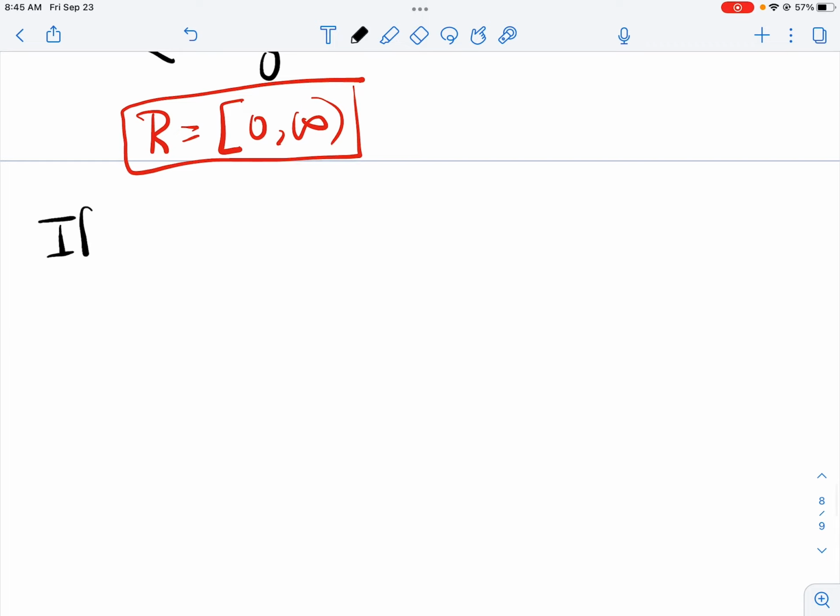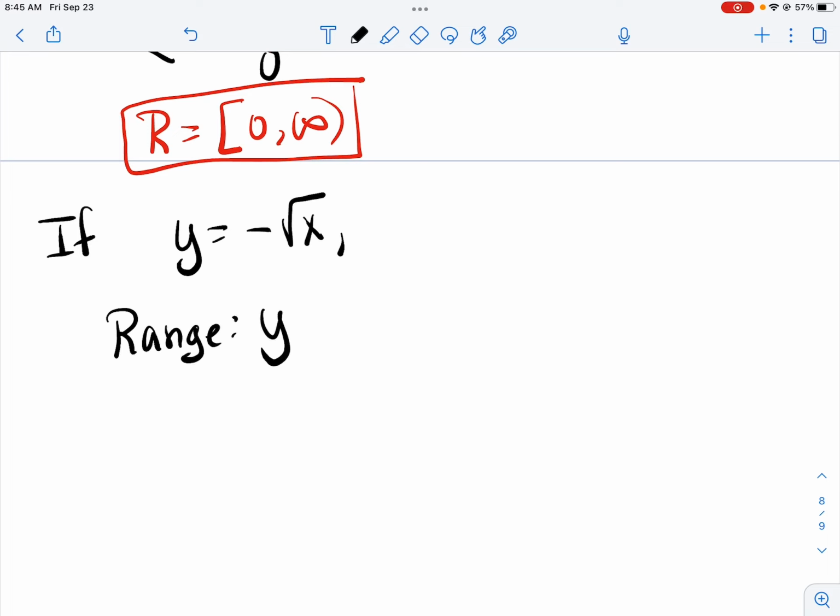Now, by the way, if we had had a negative square root of x, then when I'm looking at that range, because it's a negative in front of that square root, I would have a less than or equal to 0. So that's where I'm talking about that positive or that negative.